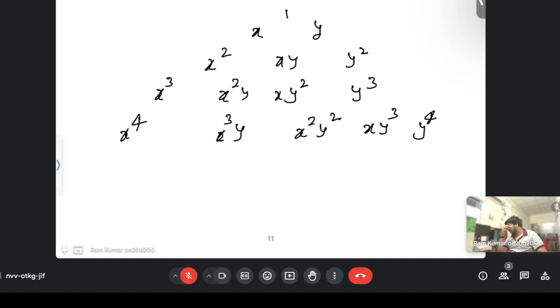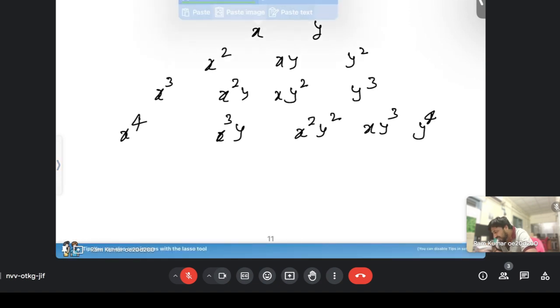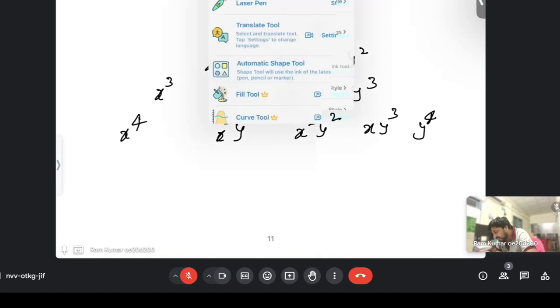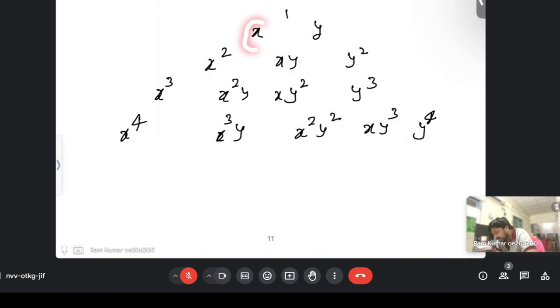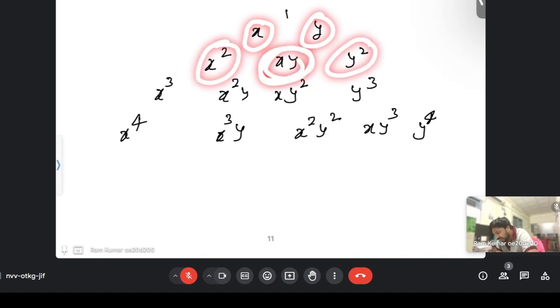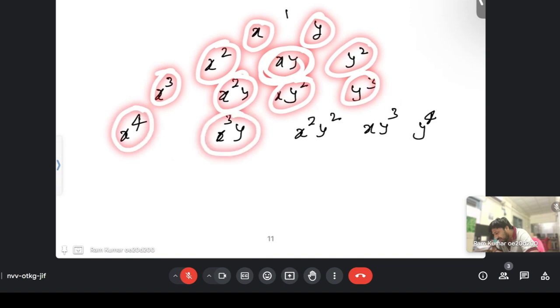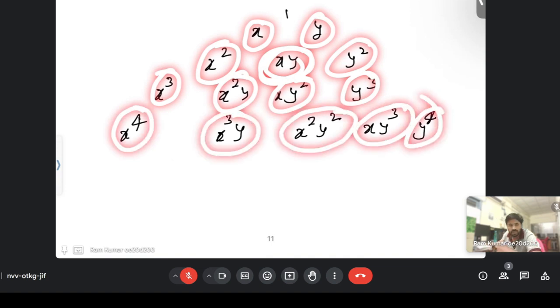So in total we have to maintain the power. It has 1, then 2. The total power here: this is 1, this is also 1. This has 2, this also has total power 2. Then this row has 3, and then 4, 4, 4, 4.